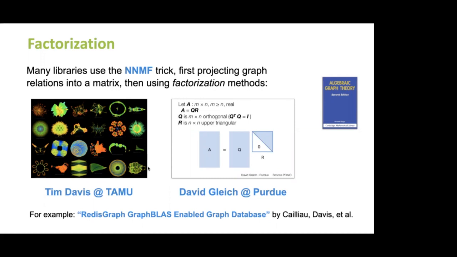Sort of the grandfather of this area is Tim Davis, now at Texas A&M. Tim Davis, if you haven't seen, I've got a picture there. Tim runs the Sparse Matrix Museum with some fantastic visualizations in MATLAB for different types of sparse matrices that are actually used as test cases for developing hardware, things like that. But Tim Davis is also one of the main authors of GraphBLAS.